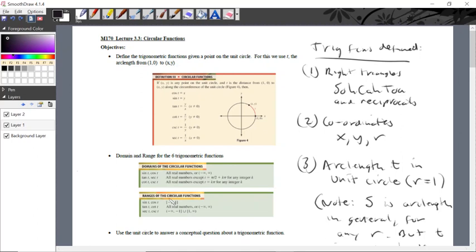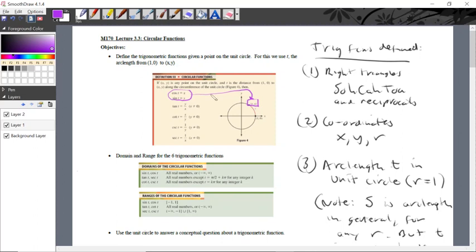The ranges of the circular functions. The ranges are the outputs of the trigonometric functions. Consider that by these definitions right here, in the unit circle, the cosine is just the x-coordinate of the terminal point. The terminal point has coordinates x, y. The x-coordinate is the cosine of t, and the y-coordinate is the sine of t.